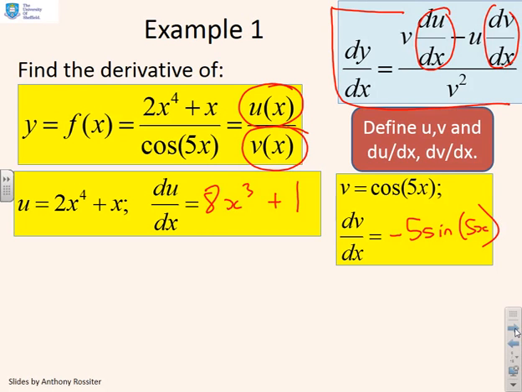And now all I do is plug these results into the formula. So what are we going to get? dy dx equals, so we can put a big line here.